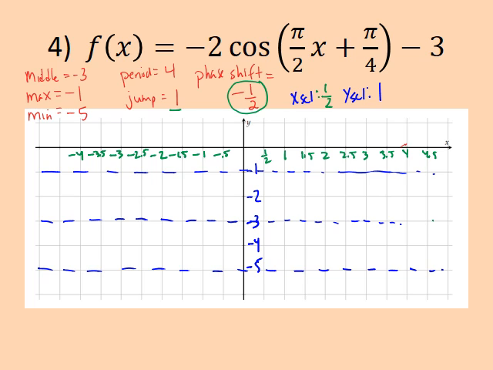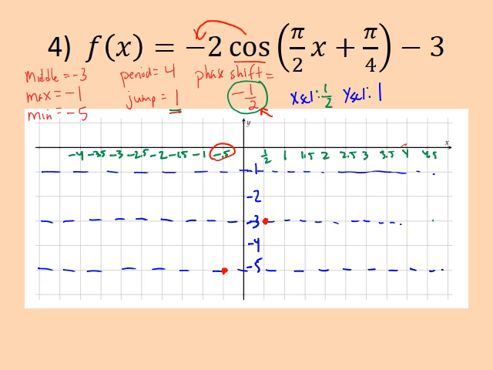Because -1/2 is our starting point and we have a negative cosine graph, a negative cosine graph starts at the minimum. So we're going to go over to -1/2, which is right here, and we're going to go down to our minimum, which is -5. And that's where our graph's going to start. And because it's a negative cosine graph, we start at the minimum, then we go to the middle. Now because our jump is 1 and our scale is 1/2, we need to go to the middle, but we need to skip 2 boxes.